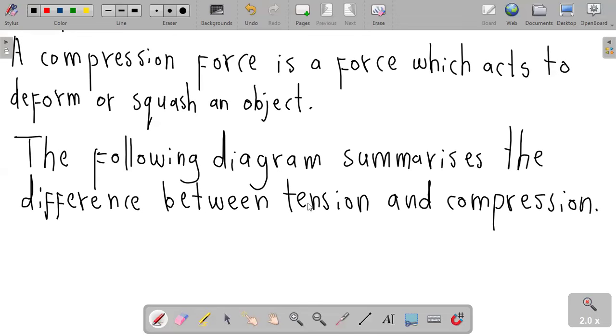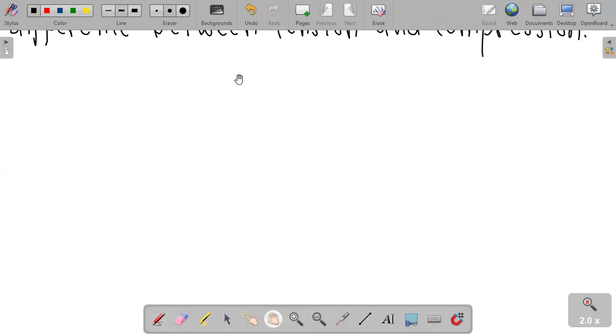So let me show you by means of a diagram here. Say you have an object. So this is an object here.